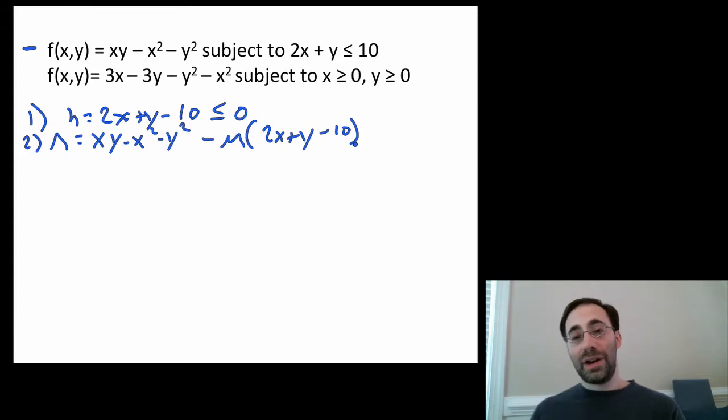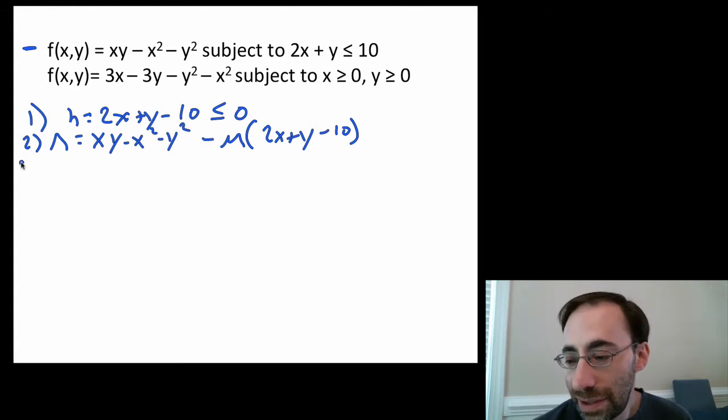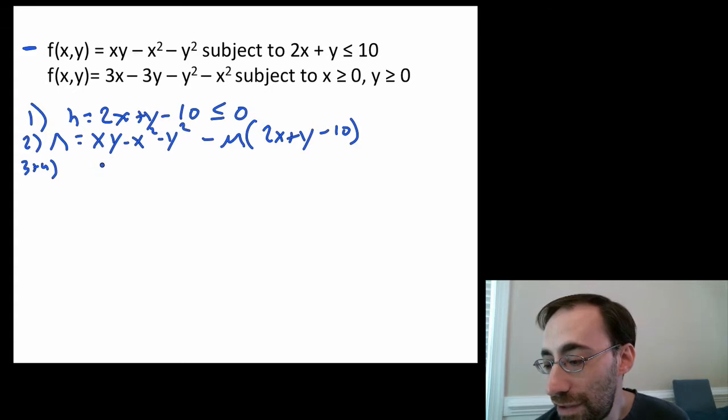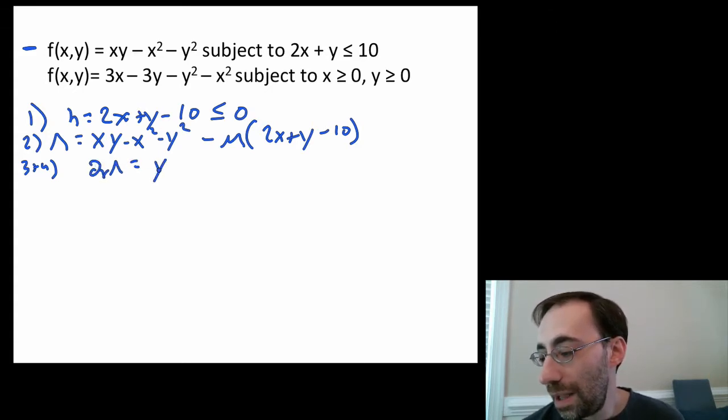Now we'll have to get our Kuhn-Tucker conditions. I'm going to combine a couple steps, 3 and 4 here together, to do it all at once. Save some space on the screen. So first we're going to differentiate our function with respect to x and y. So x first, we get that equaling y minus 2x, now minus the mu over here, we have 2 mu, and that equals 0.